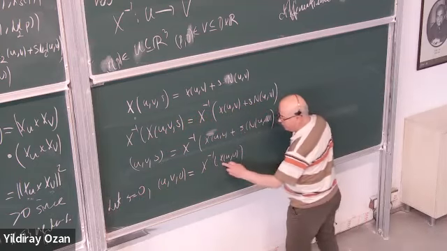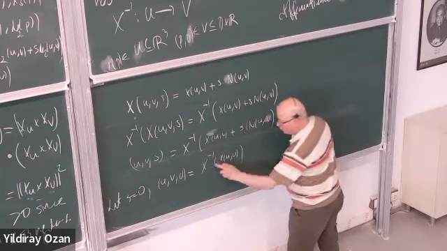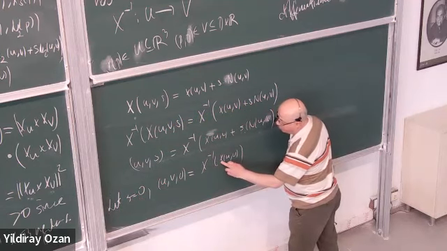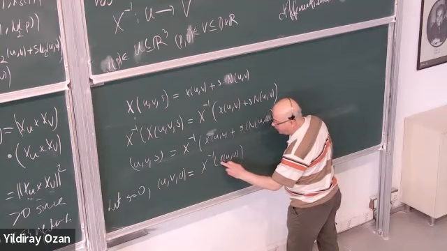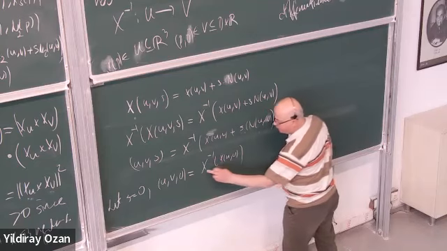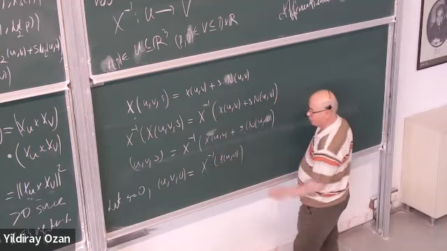This means, you know, this was already a homeomorphism. So this guy had an inverse, and that inverse has to be little x inverse.